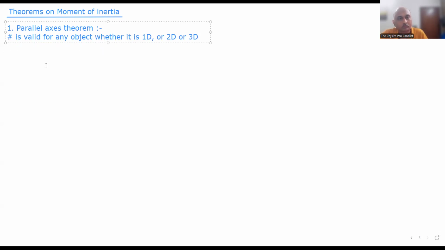So what does this mean? How do we use it? So we have this object of any shape you can take, and let's say this is its center of mass.